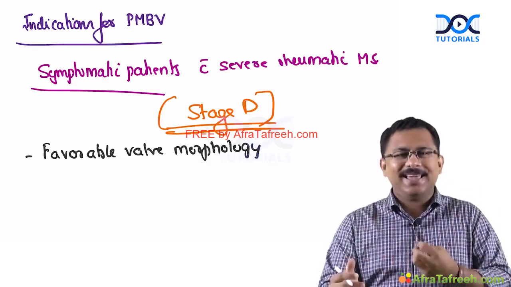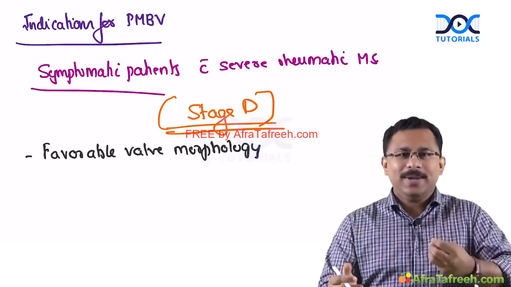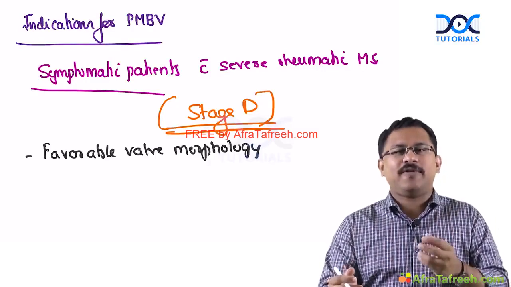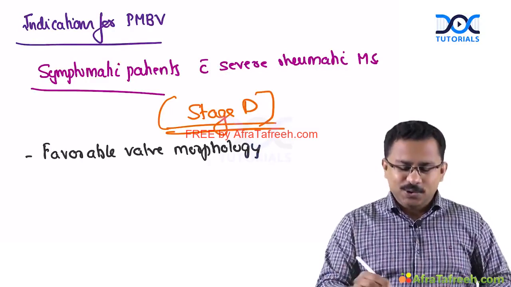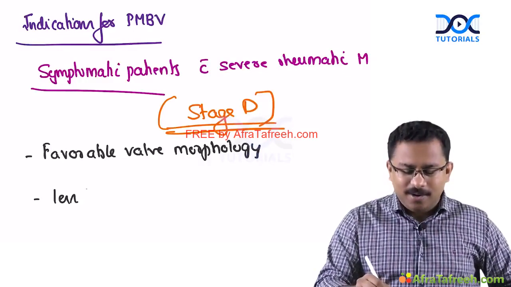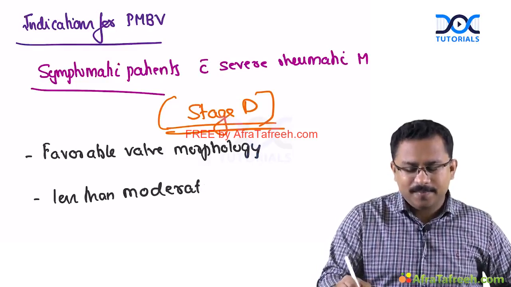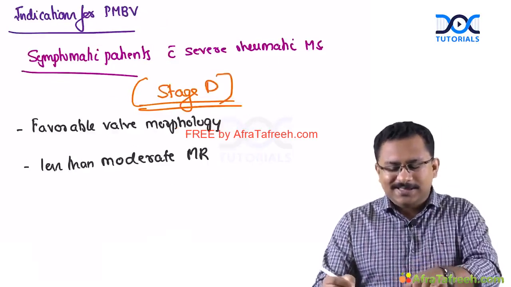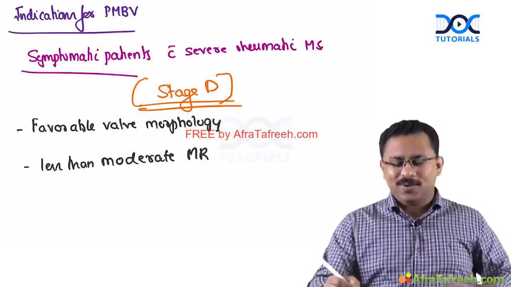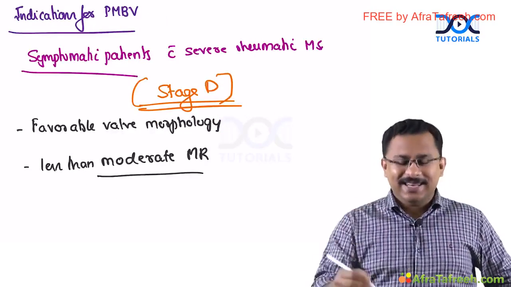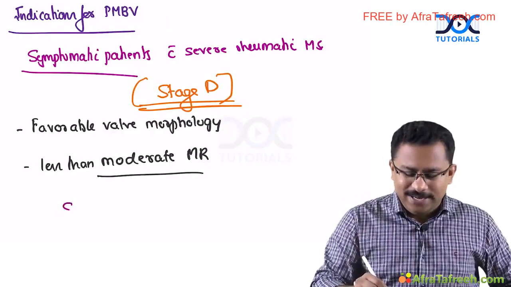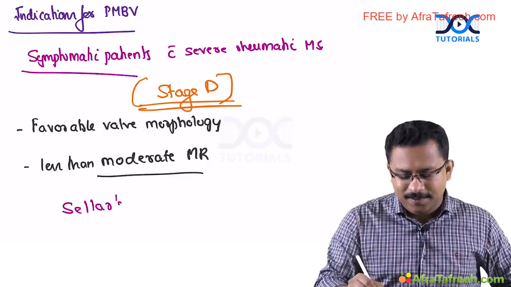As per the indications of the American Heart Association, to go for a PMBV, you should have less than moderate MR. So what is this less than moderate MR? You have a criteria, you need not know in detail, that is Cellar's criteria.